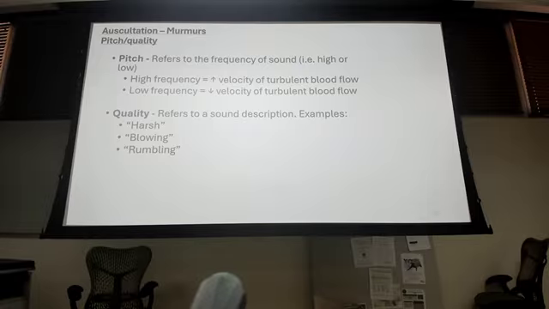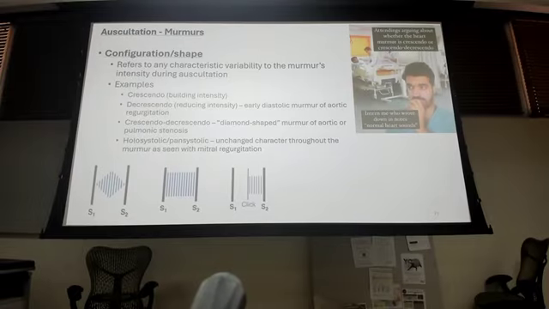Pitch is another thing, that's just high frequency, low frequency. Quality is how does it sound to you? Is it harsh, blowing, or rumbling? The configuration or shape is the change in how loud that murmur is over time. And you can get things like crescendo where it gets louder, decrescendo where it gets softer.